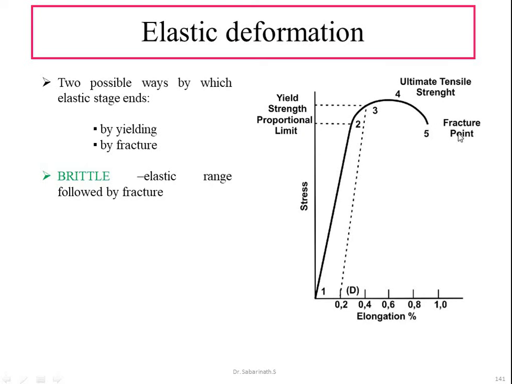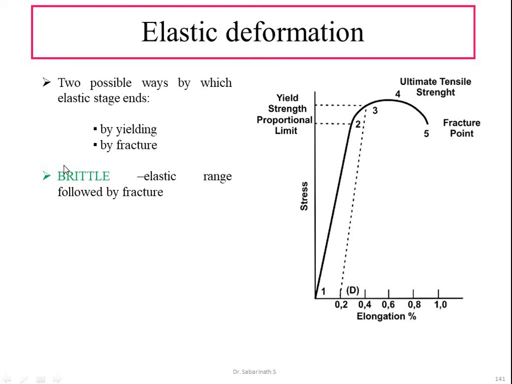Fracture means it will break into two pieces. Yielding means the plastic deformation will be formed within the material. Both things are plastic deformation, and that's a permanent deformation.